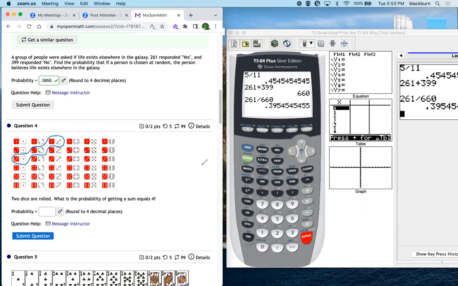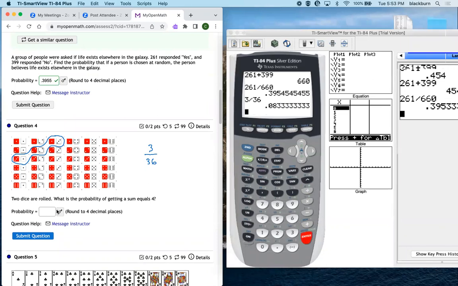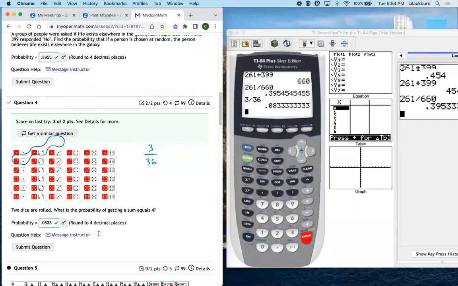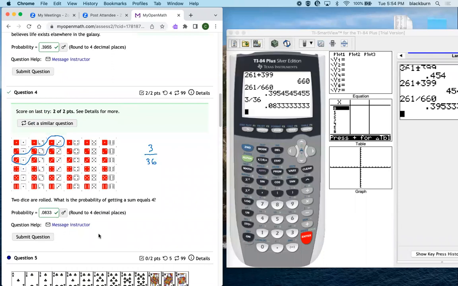So the probability you roll a 4 is 3 ways to roll a 4 out of 36 different rolls. So 3 out of 36, you go to your calculator, and I get 0.0833 for mine. You probably have a different number. I think I've done this 3 times, it got 3 different sums.